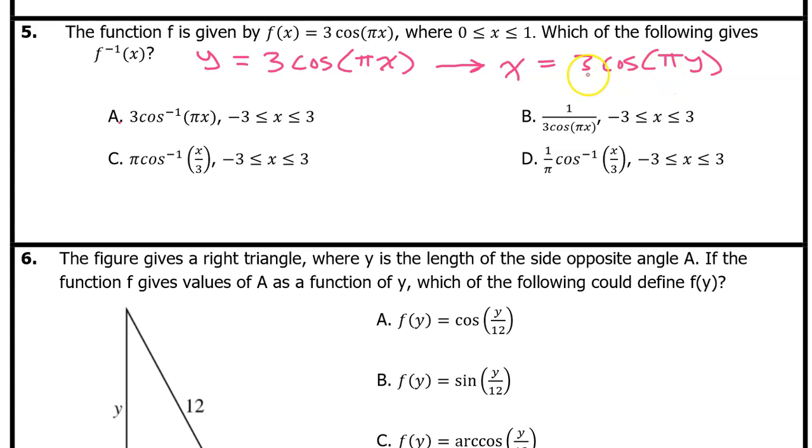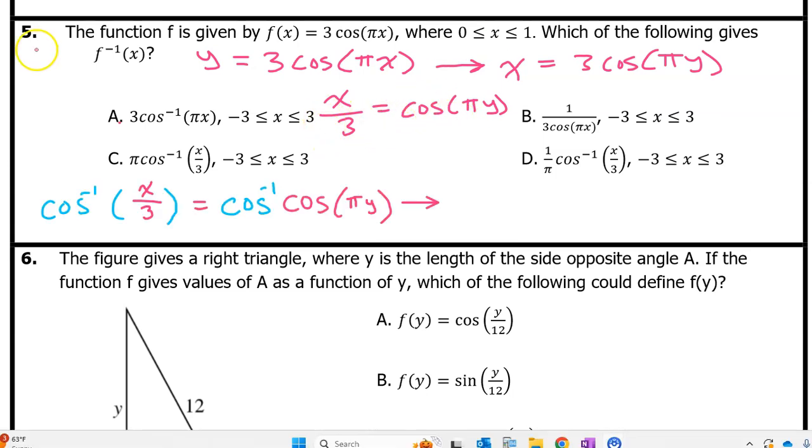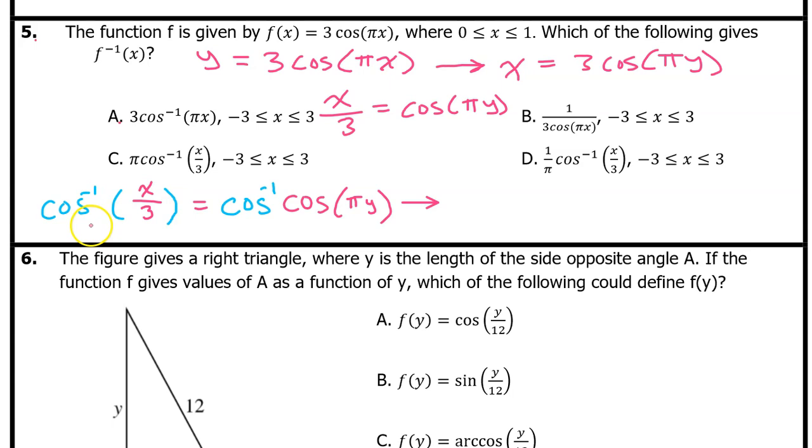Dividing by 3 on both sides would give me x over 3 is equal to the cosine of pi y. I need to make this cosine go away if I'm going to get y by itself. I can achieve that by taking the arc cosine of both sides of this equation. On the left side, I now have the arc cosine of x over 3.